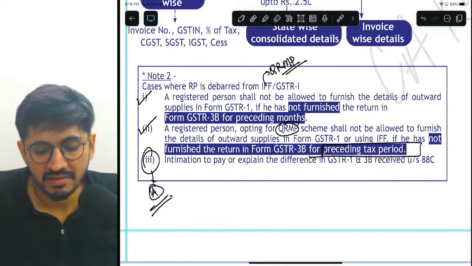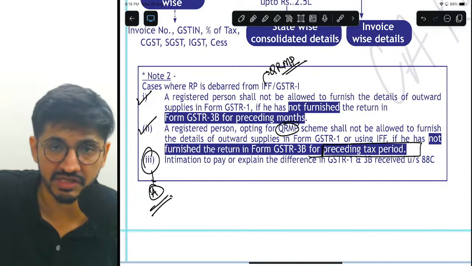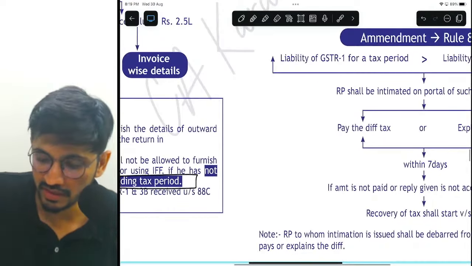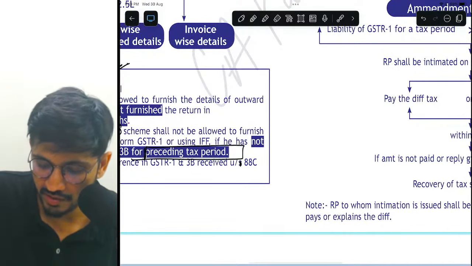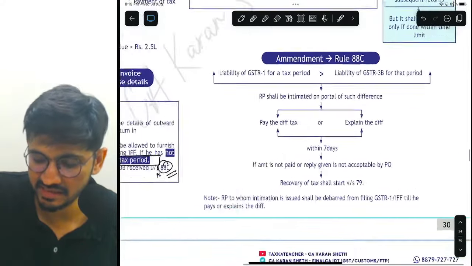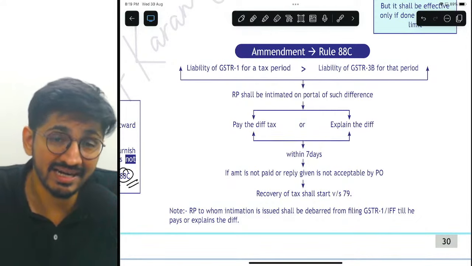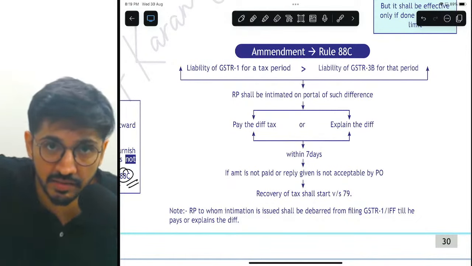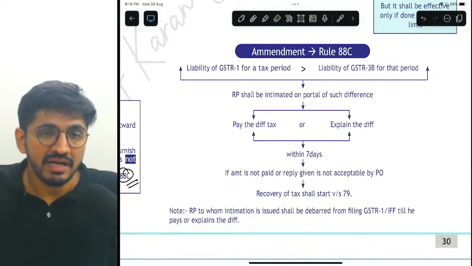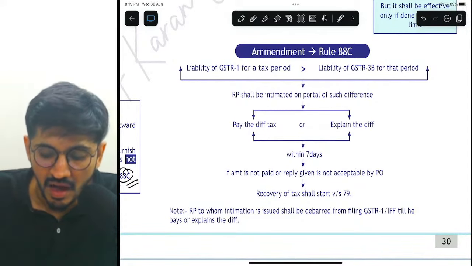Now the third one is the intimation to pay or explain the difference in 1 and 3B under rule 88C. Now, what is 88C? Let's check. So, for example, if the liability in GSTR 1 is greater than the liability in GSTR 3B.